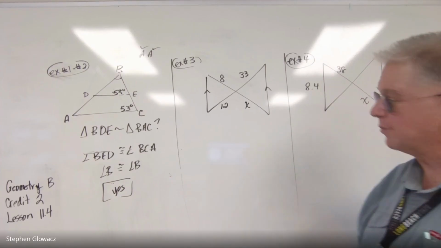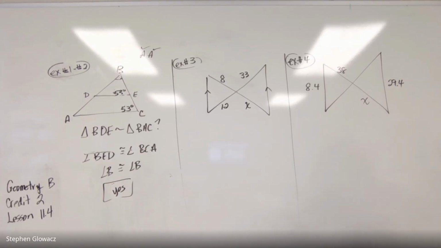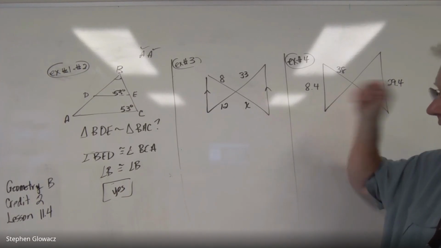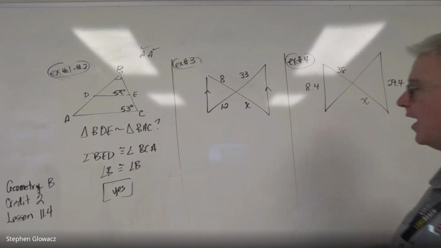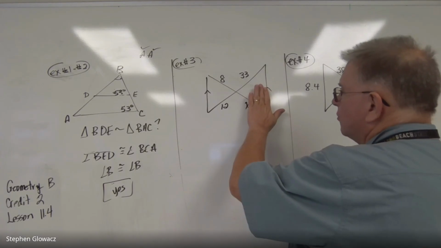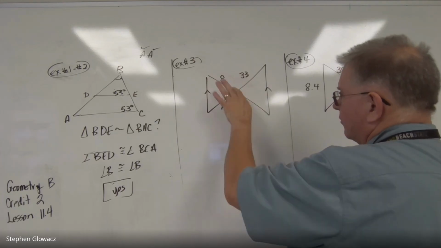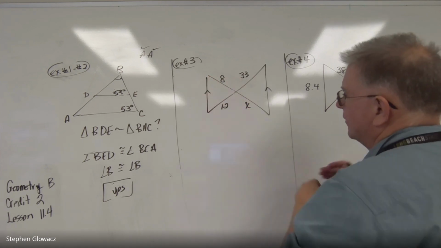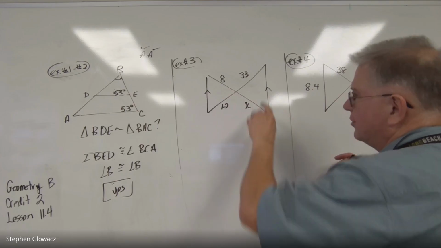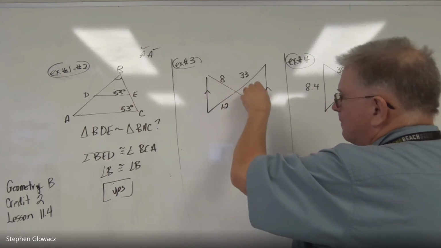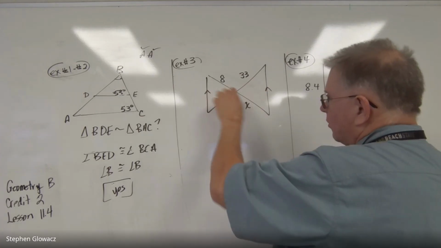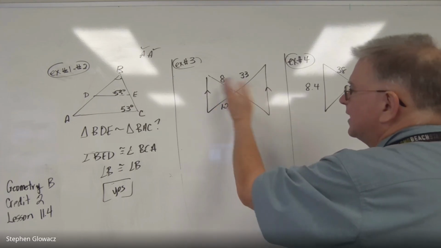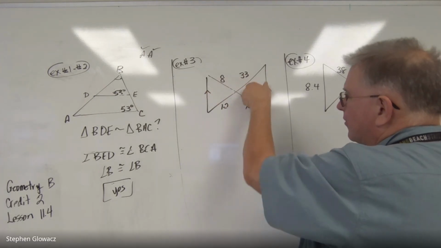Now moving over to problem 3, it says find the value of the variable. So what you have to picture here with these triangles is, we have a triangle here and a triangle here. In order to figure out which sides correspond to each other, in order to map what corresponds side to side with the triangles, we're not flipping the triangles here, but rather we're rotating them.